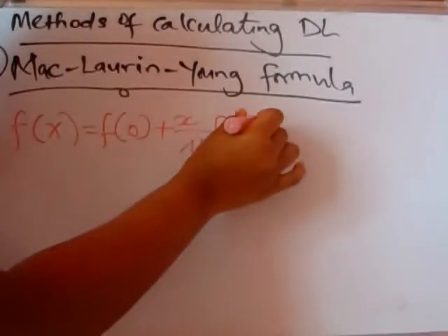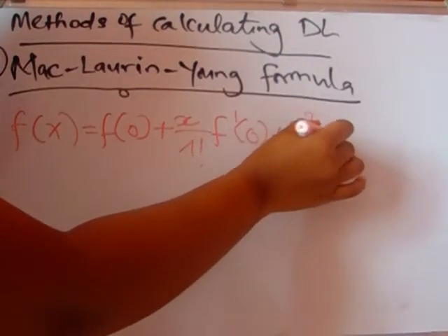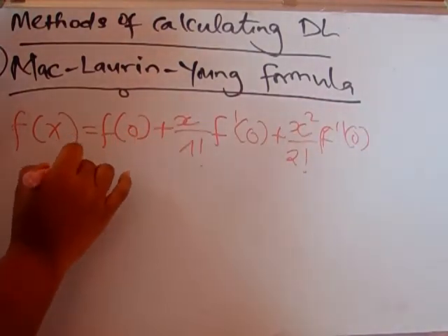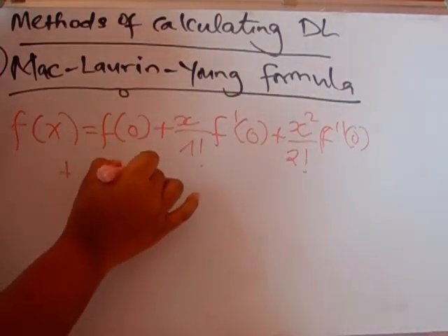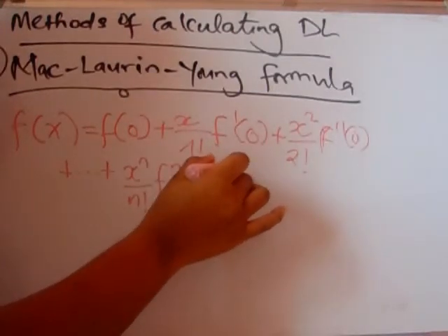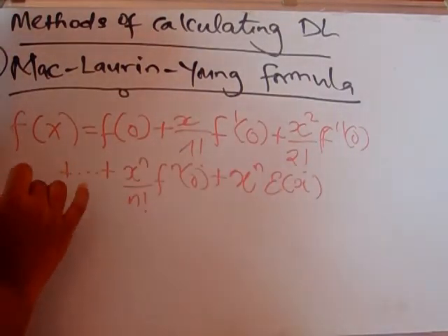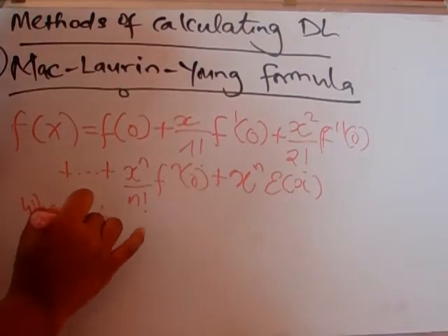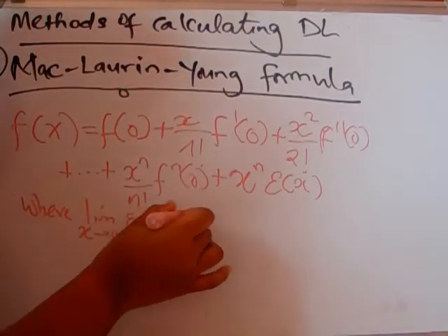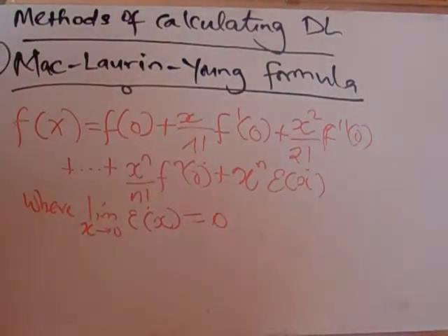F of 0 plus x over 1 factorial f prime of 0 plus x squared over 2 factorial f double prime of 0 plus x raised to the power of n over n factorial f n of 0 plus x^n epsilon of x, where the limit when x tends to 0 of epsilon of x is equal to 0. So this is the formula for the Mac-Laurin avec reste de Young.